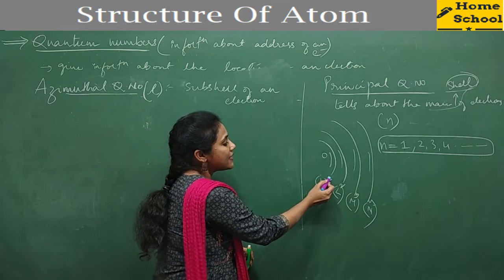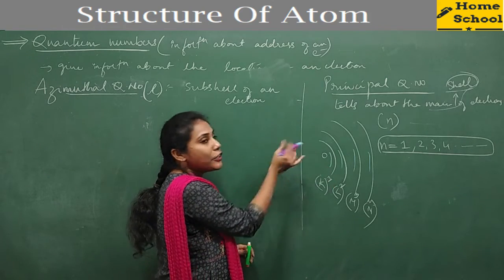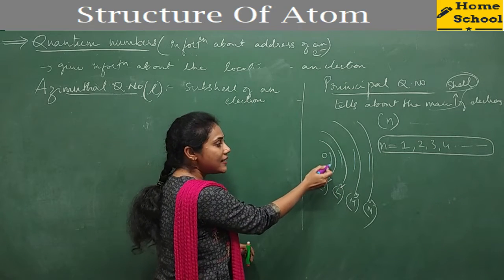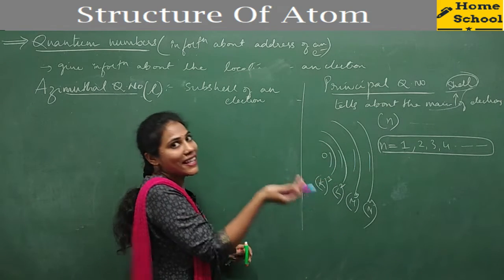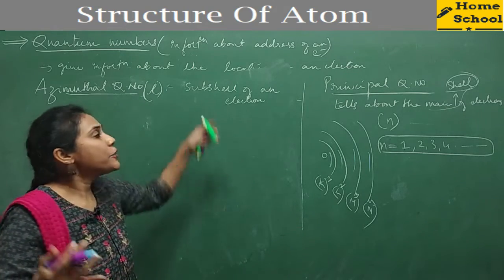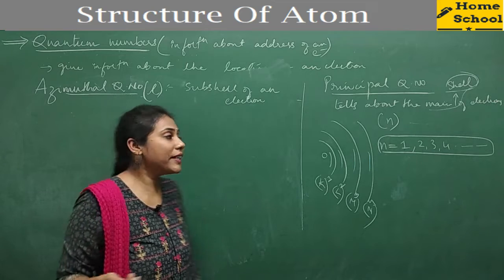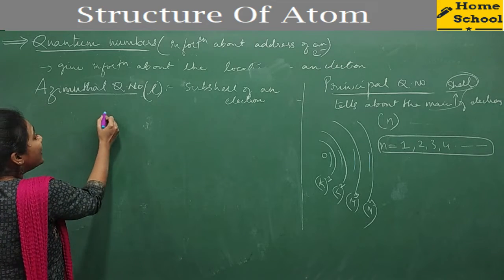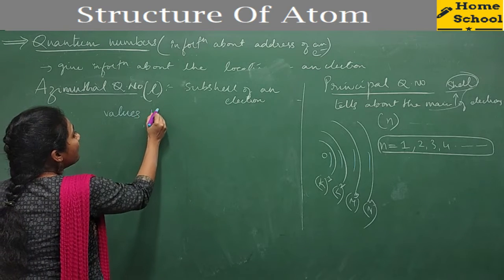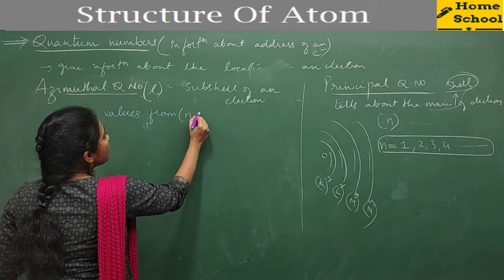Say in the first state, which district you belong to. The same way, in the first main shell, there are certain districts, and which district the electron can belong to is told by the azimuthal quantum number. Okay, and it can have values from 0 to n-1.